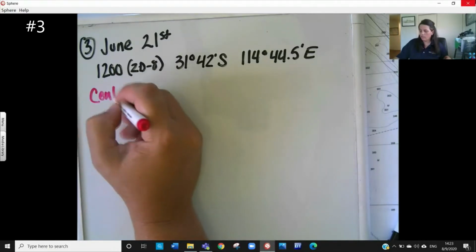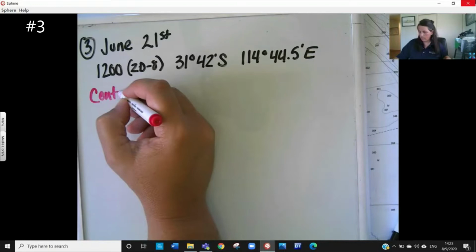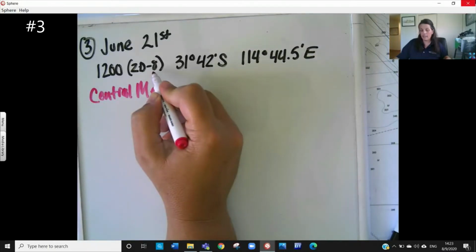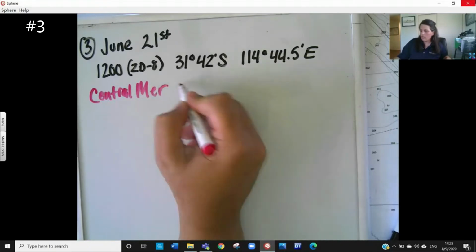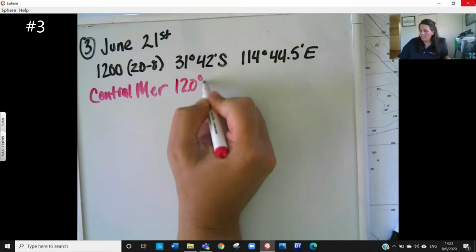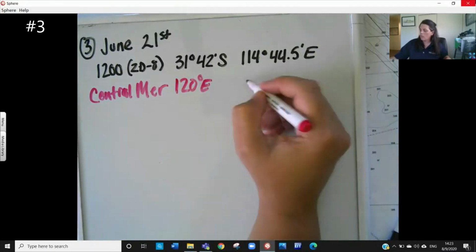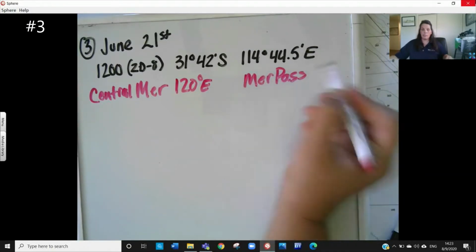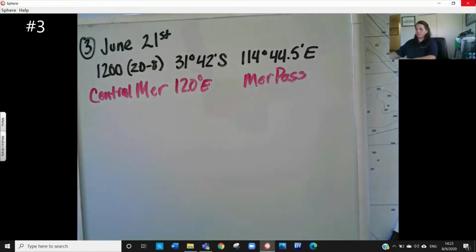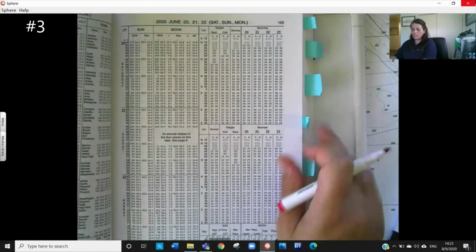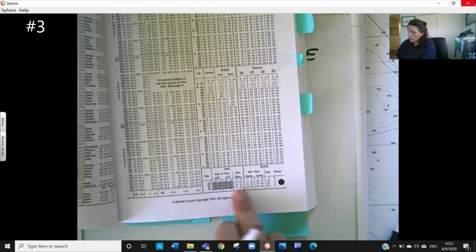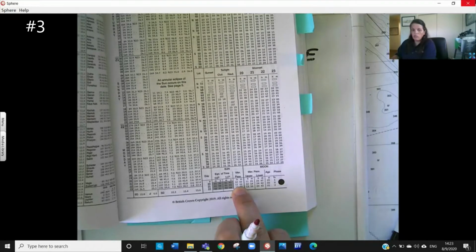Our central meridian is at -8, so that's going to be 120 degrees east. Our meridian passage is going to be in the almanac. This is June 21st, down at the bottom. June 21st, our meridian passage is 12:02.